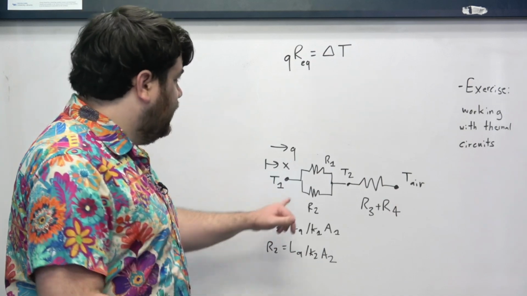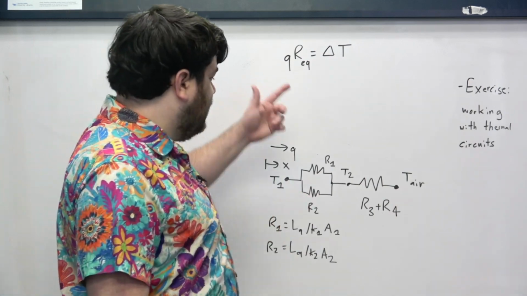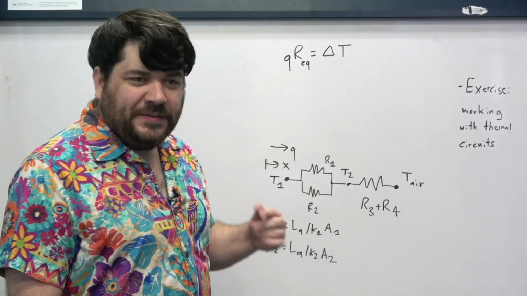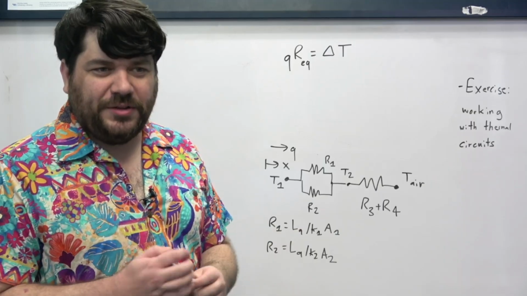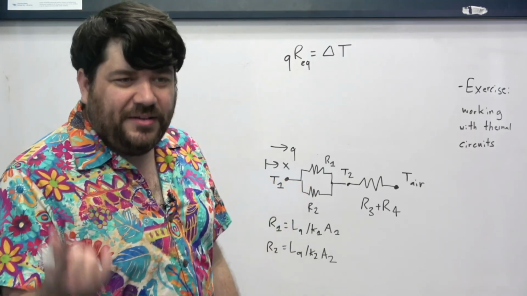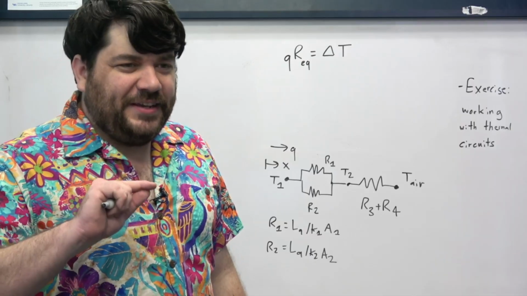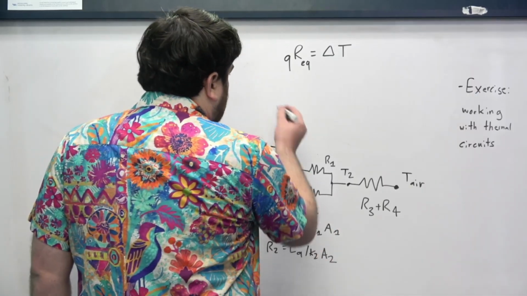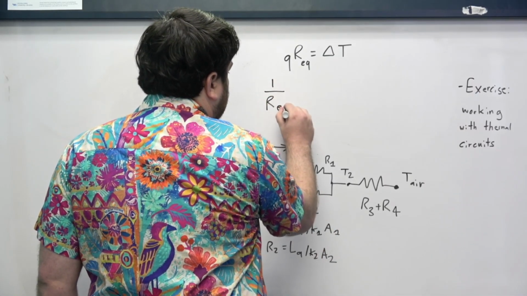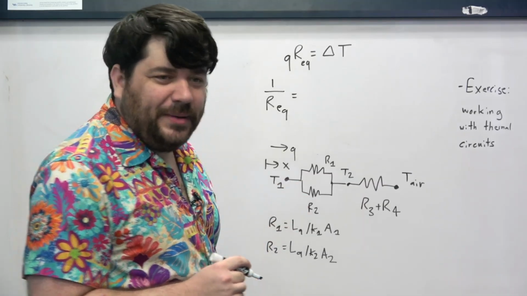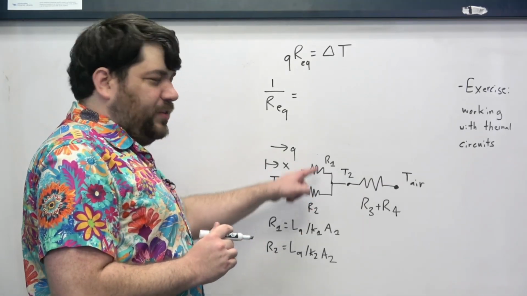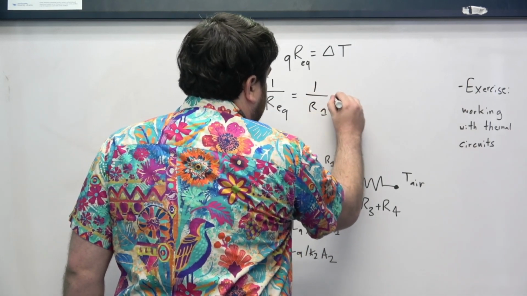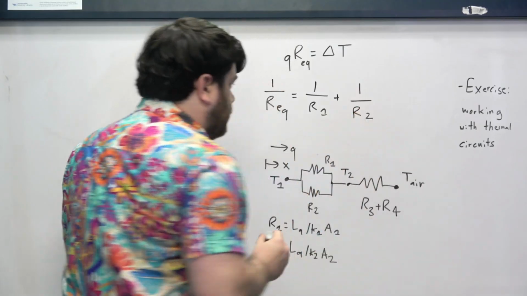Okay, so what are the rules? Well, once again, the idea is that this equation still applies. It's just that the formula for the equivalent thermal resistance is different. And when you have parallel thermal resistances, I'll remind you that the inverse of the resistances add. So that is to say, for parallel elements, 1 over the equivalent thermal resistance of this thing is equal to 1 over R1 plus 1 over R2.